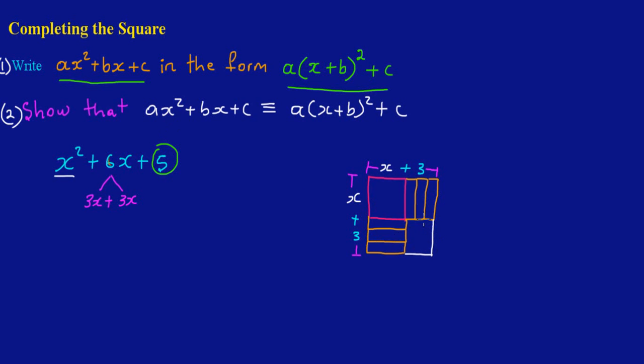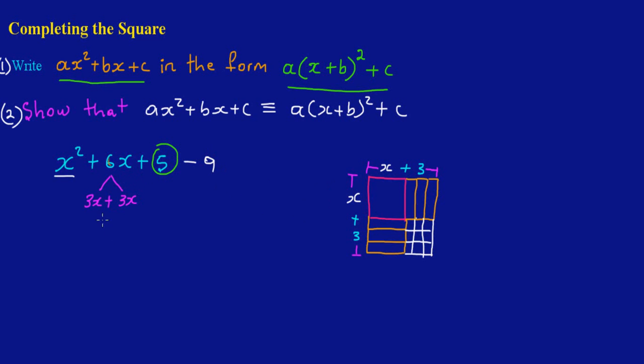All I'm doing now is bringing down this and bringing across that. So here I would have how many little boxes? 1, 2, 3, 4, 5, 6, 7, 8, 9 boxes. To complete this, I would have to subtract 9 from my 5, because I got 9 square boxes.